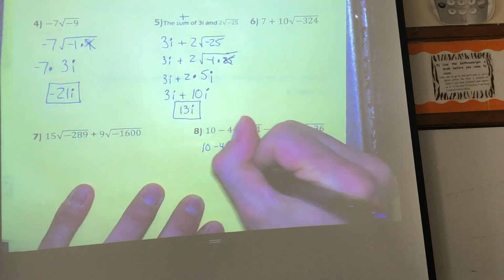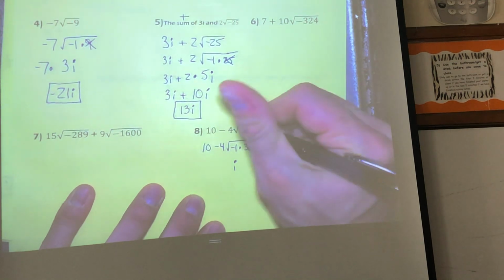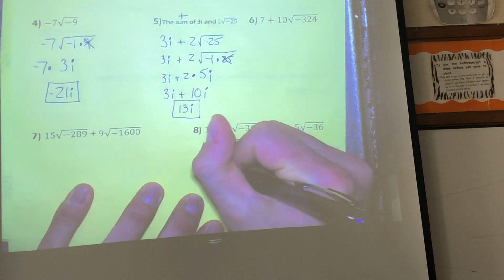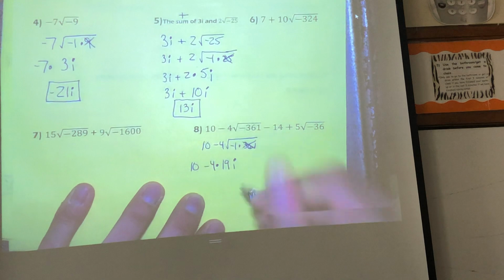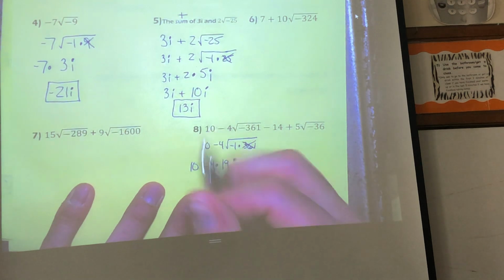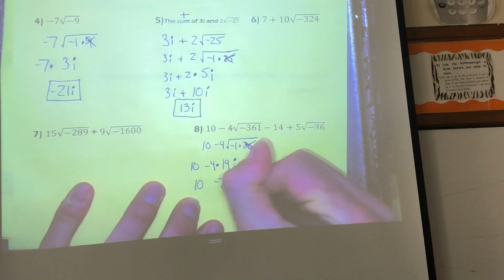The square root of -1 comes outside as an i. Square root of 361 comes out as a 19. I'm going to bring down the 10 minus 4 times 19i. We multiply these two. -4 times 19i would give me -76i.